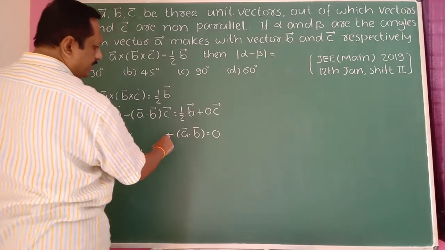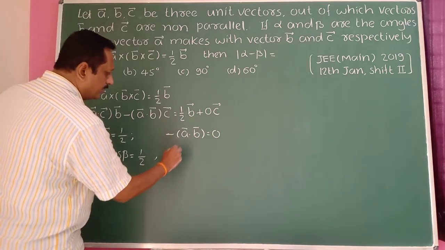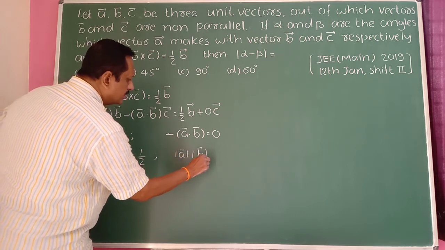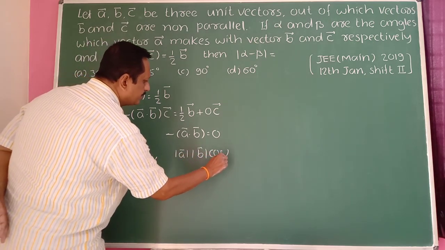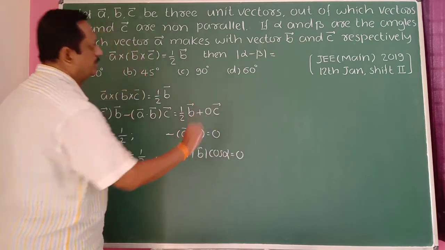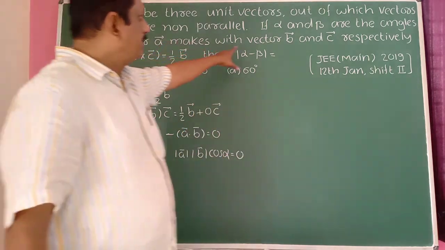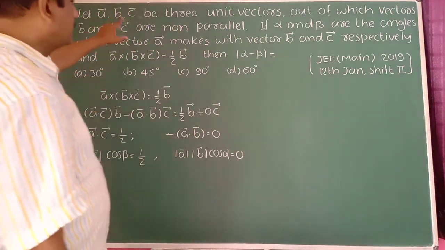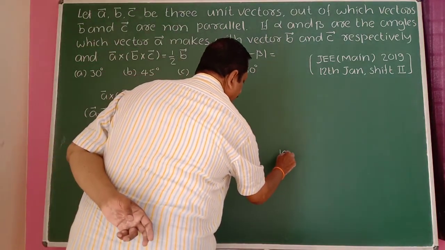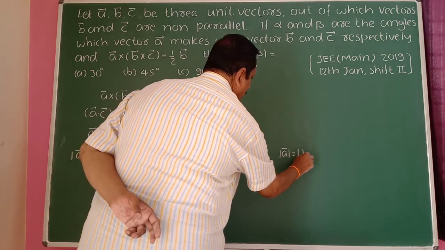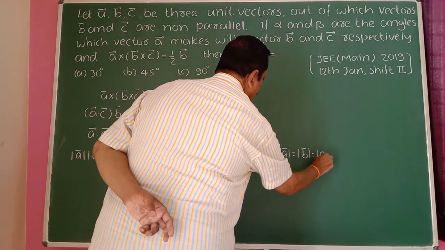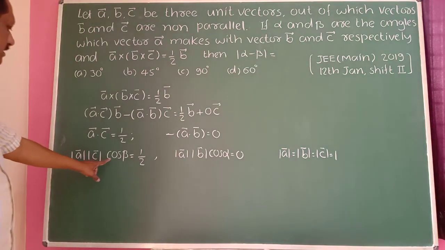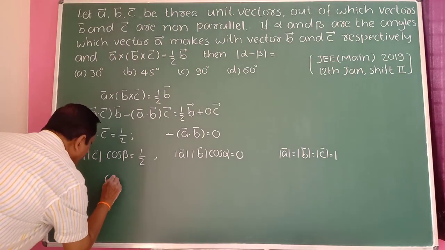And here take the minus to the right hand side: A bar dot B bar, modulus of A bar into modulus of B bar into cos of alpha is equal to 0, because the angle between A bar and B bar is alpha. And these are unit vectors, modulus of A bar is equal to modulus of B bar is equal to modulus of C bar is 1. So cos beta is equal to 1 by 2.